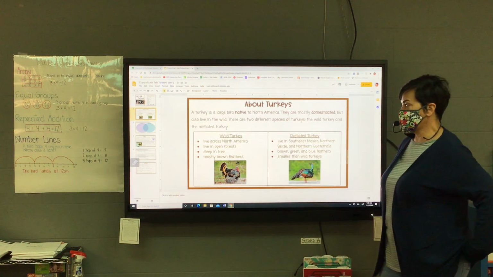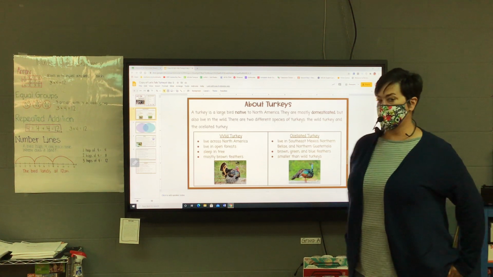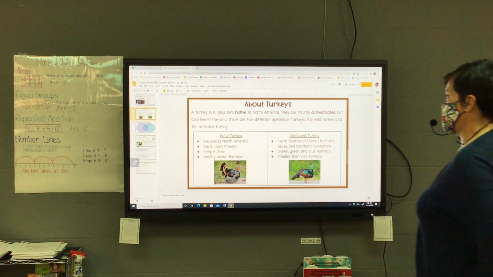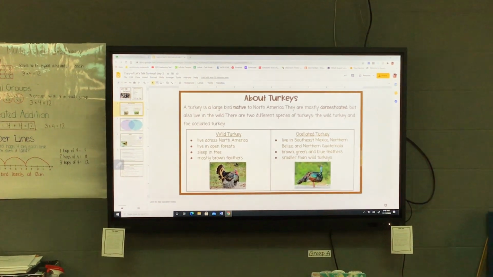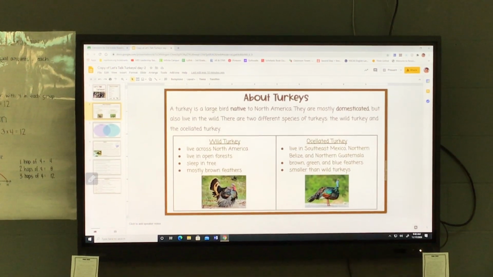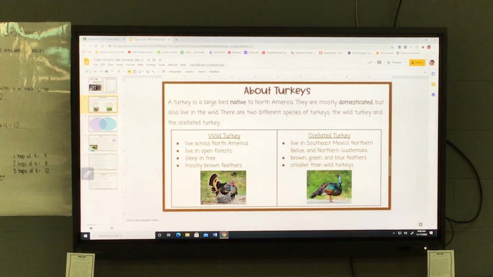A turkey is a large bird native to North America. They are mostly domesticated, but also live in the wild. There are 2 different species of turkeys, the wild turkey and the ocellated turkey.